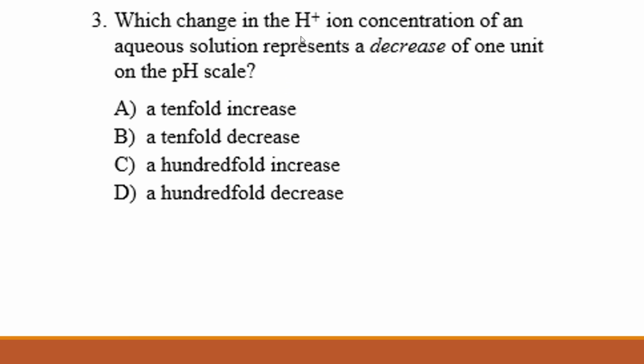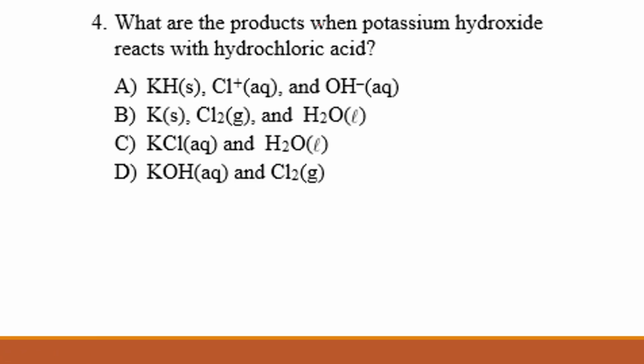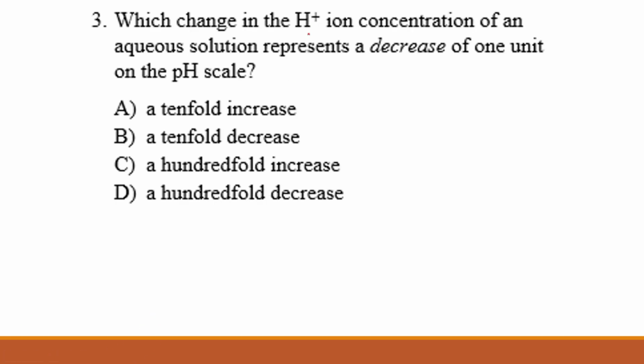They're talking about a change in the H plus concentration, which means we're looking at 1 times 10 to the negative something, and that something is going to be our pH.